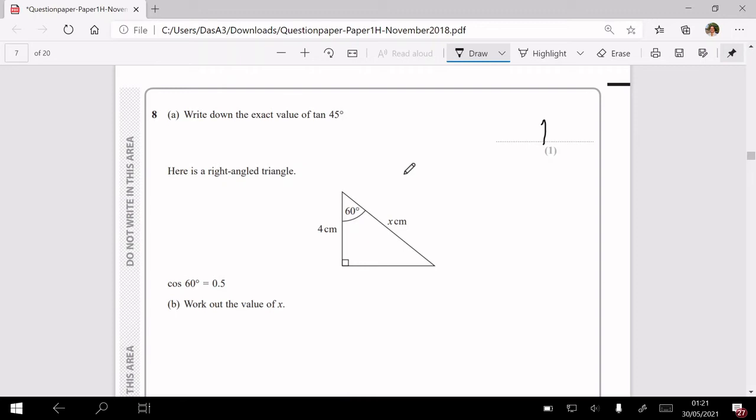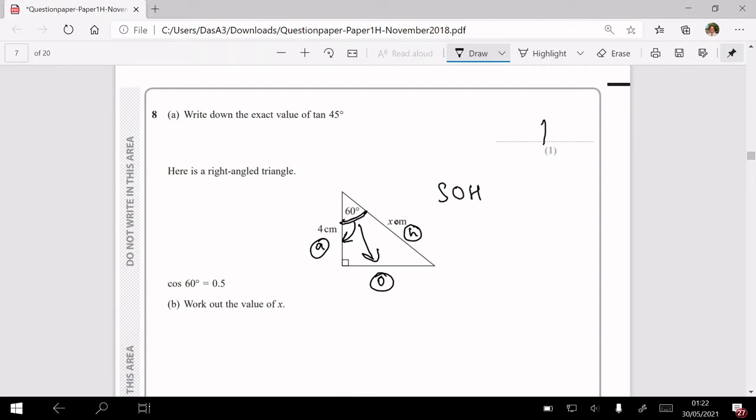But let's see. For part B, they want you to work out length x. So the first step is label the side. So this is the angle you have. So the side adjacent to it is the adjacent, the side opposite to it is the opposite, and the longest side is, of course, the hypotenuse.